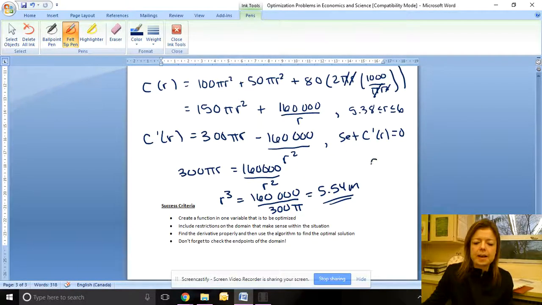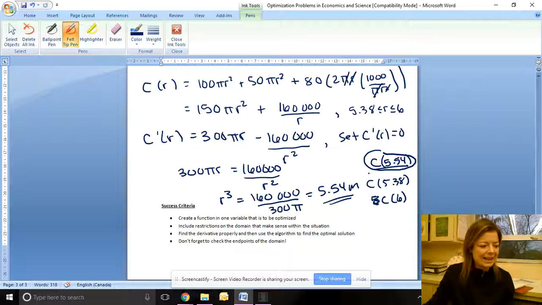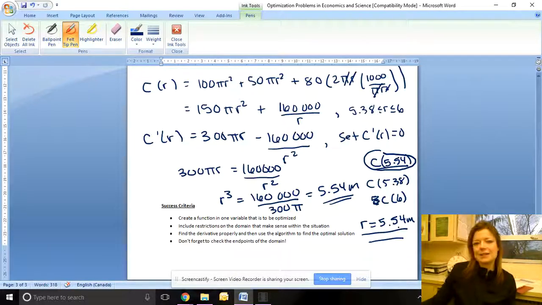So now you test your costs at that point, and then at either endpoint to check that you're getting the absolute best cost. And when you do that, you'll see that the one that you found through calculus is the winner. So to minimize the cost of the steel, the radius should be equal to 5.54 meters, and you can use that to find the height as well.